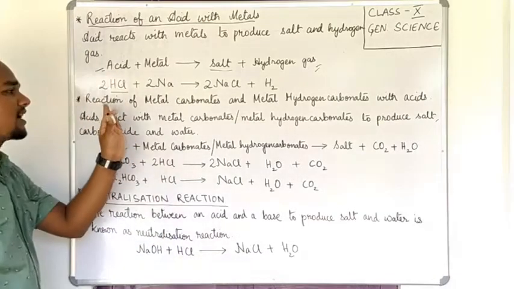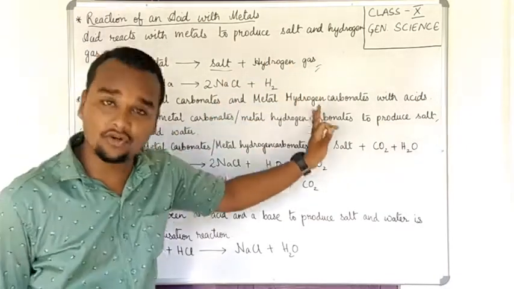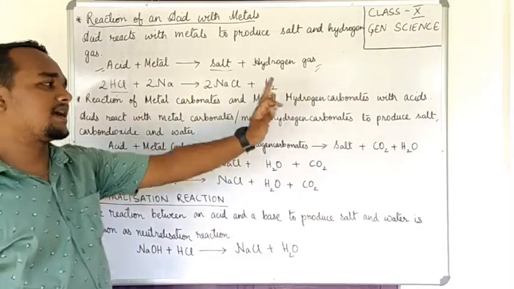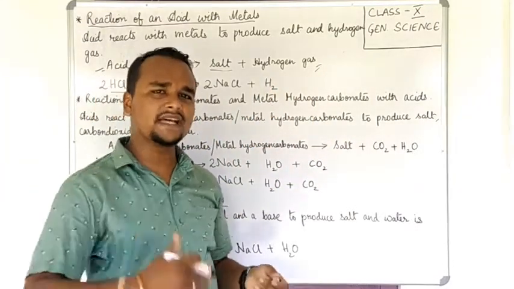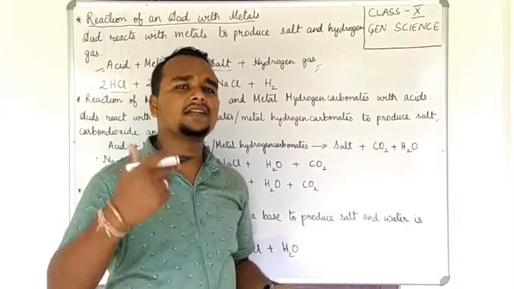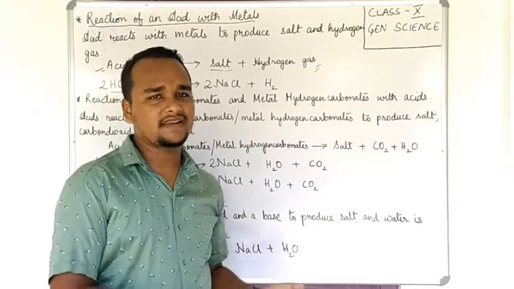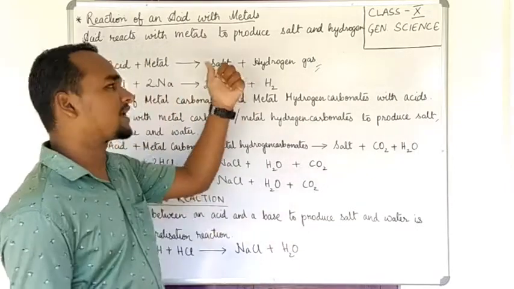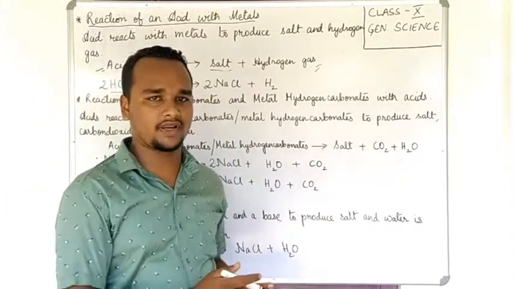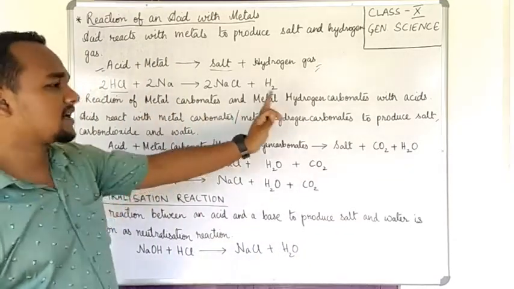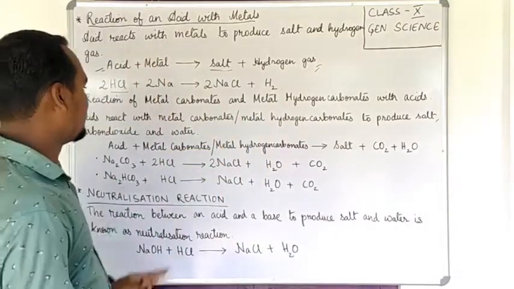Then the next one: the reaction of metal carbonate and metal hydrogen carbonate with acid. Before that, a question might arise in your mind: what will happen when a base reacts with metal? When a base reacts with metal, it will also produce salt and hydrogen gas. Only the salt is going to vary. So what happens when metal carbonate and metal hydrogen carbonate react with acid?